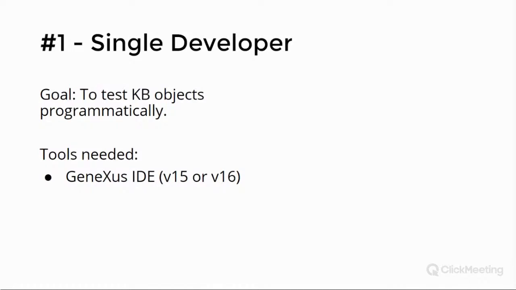It's a powerful way of formally documenting the expected behavior and output of KB objects. This use case is free to use on GeneXus. You need GeneXus IDE version 15 or 16.